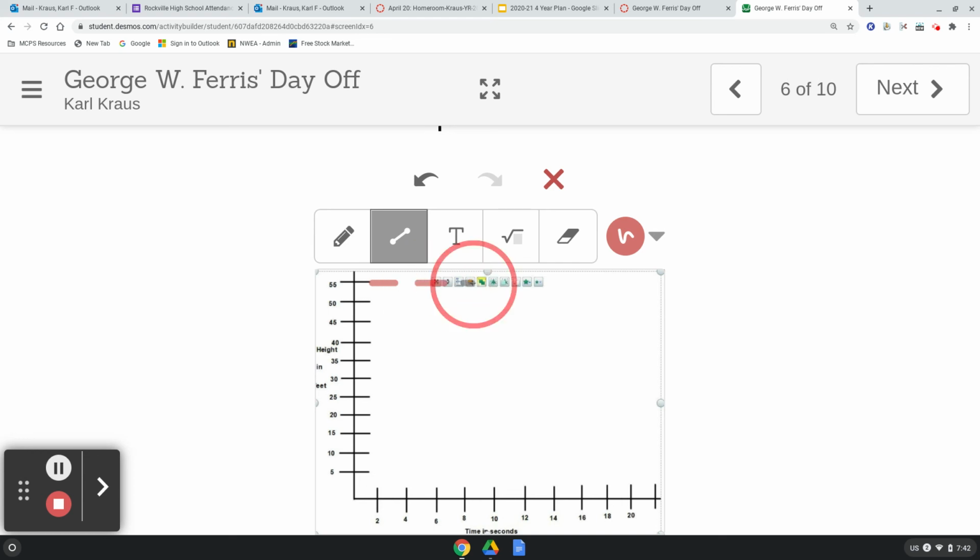So a dashed line at 55, and then a dashed line at 5, and then halfway between that, or the center line, would be 30.